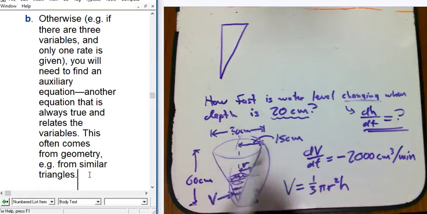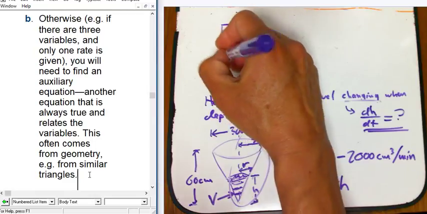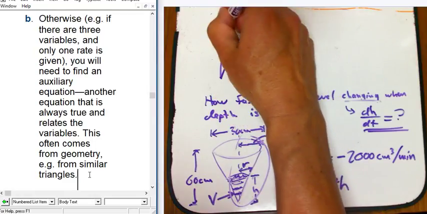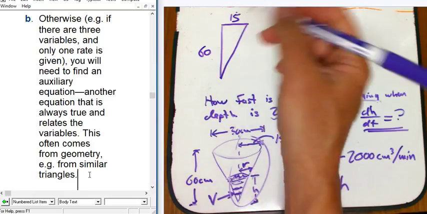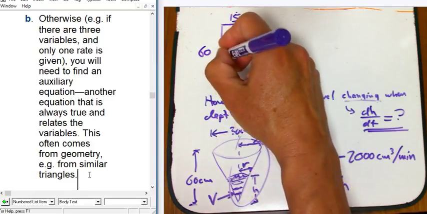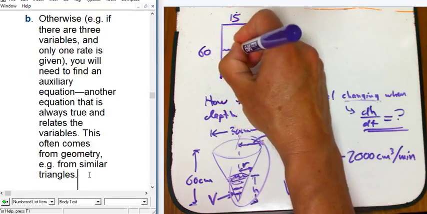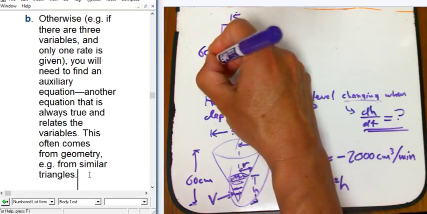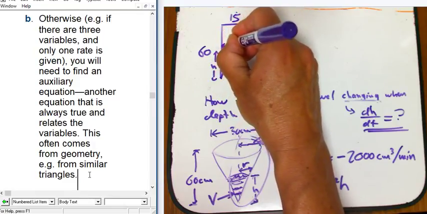This is all symmetrical around this axis. What really matters is just a cross-section, in fact even half a cross-section. So the whole tank is 15 radius when it gets up to 60 height, or 60 depth, let's say. And we know we are at some h here, and we want to know r here.